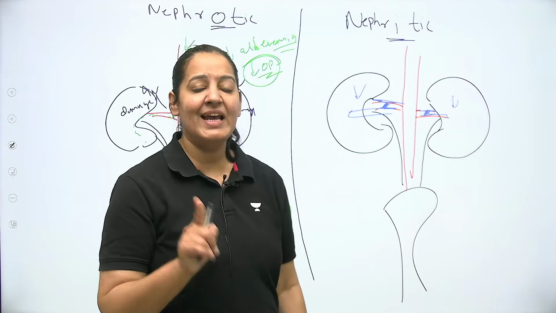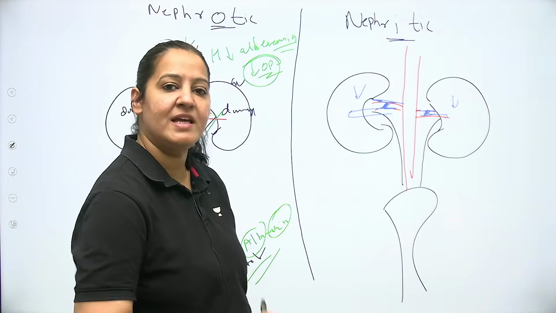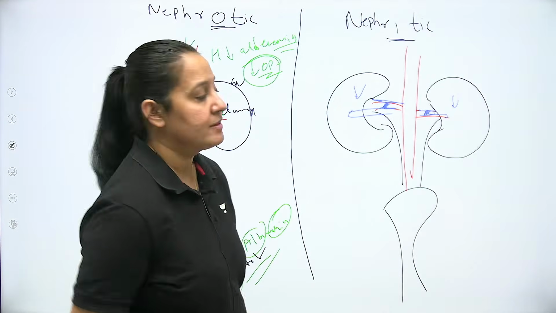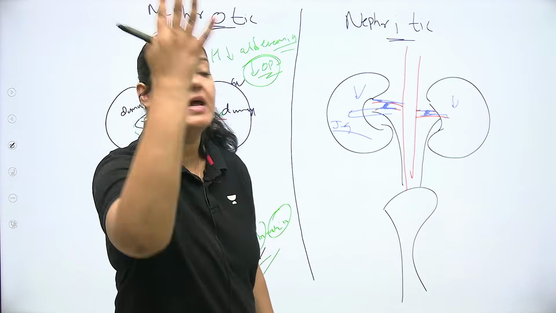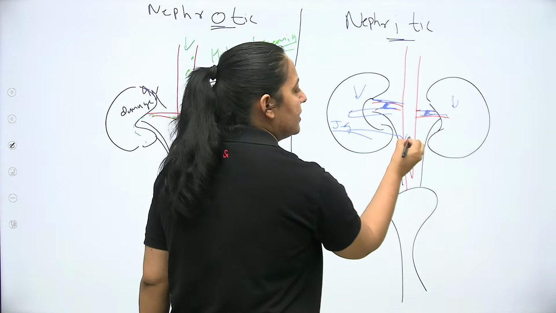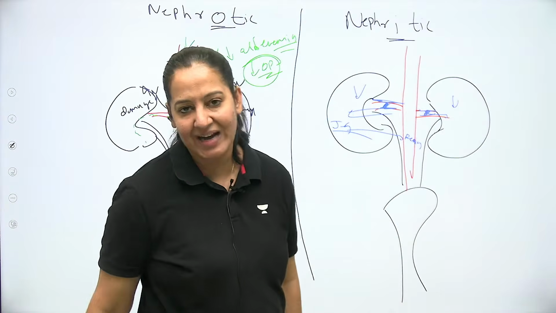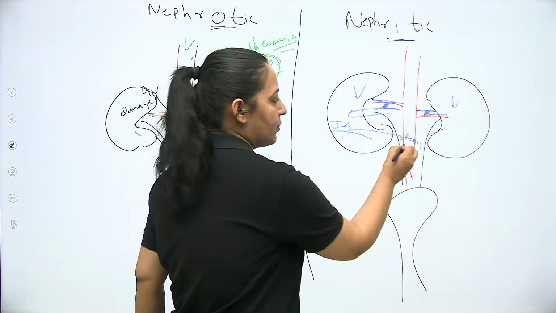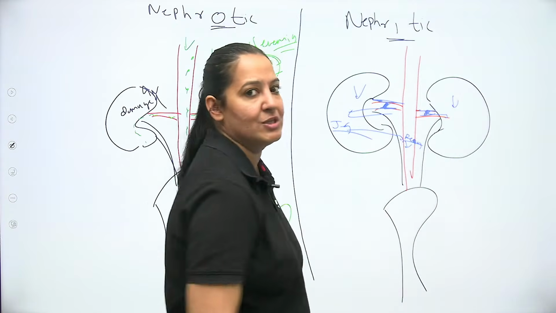Whenever any kidney receives less blood, inside the kidney we have the nephron, and inside the nephron we have a special group of cells. The name of the cells is JG cells, the juxtaglomerular apparatus, that gets stimulated and starts secreting renin in the blood. So the complete renin-angiotensin pathway will be activated and aldosterone will come. Renin will lead to formation of angiotensin 1. Angiotensin 1 will lead to formation of angiotensin 2.